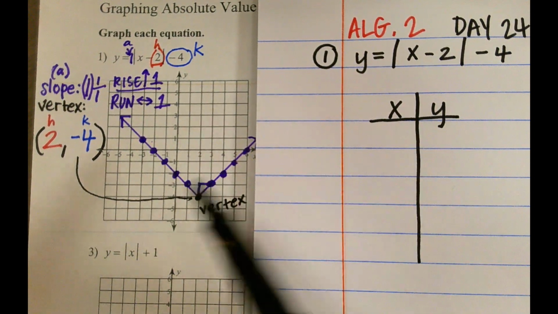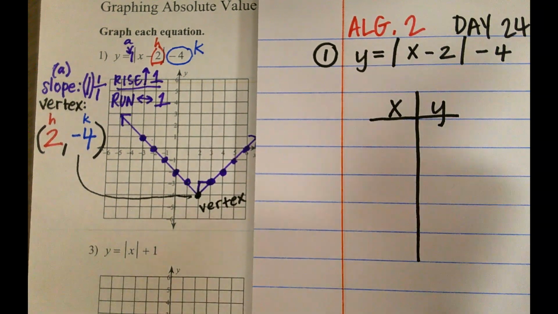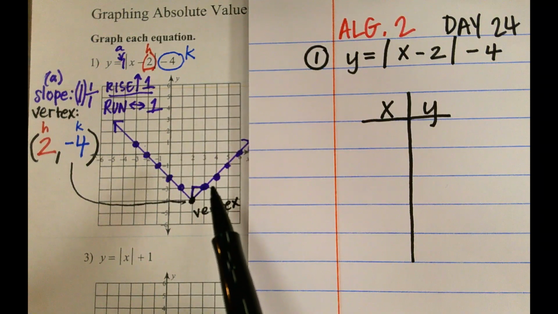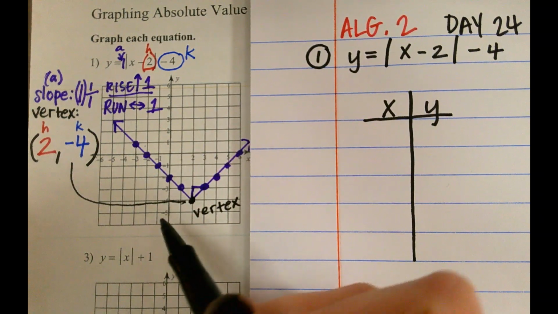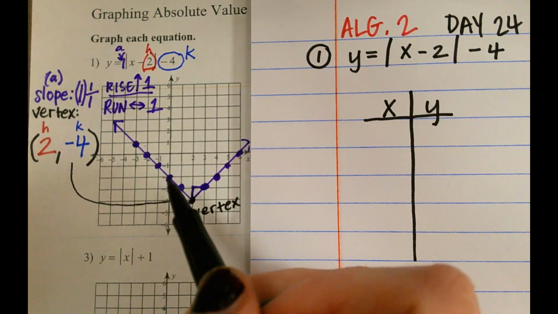Now, if you already made your graph, this part might be pretty easy. You can just look and name some of your points. For example, I already have a vertex. We could find other points too, though.